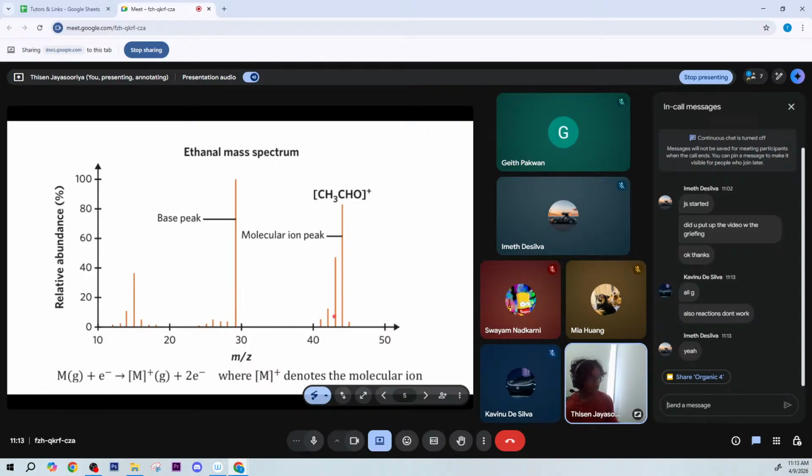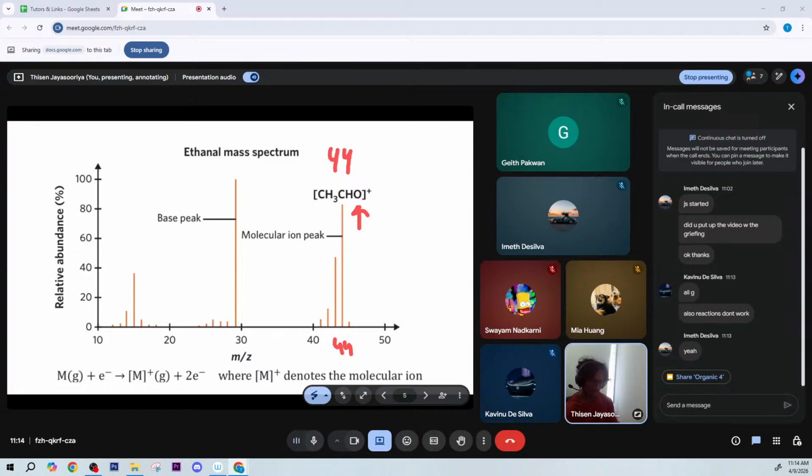So that's the base peak. Now the ion peak is essentially the compound itself after it's lost a single electron. So here, this has a mass to charge ratio of 44, which is equal to the molar mass of this one. This one's also 44. The ion peak effectively tells you the molar mass of this compound.